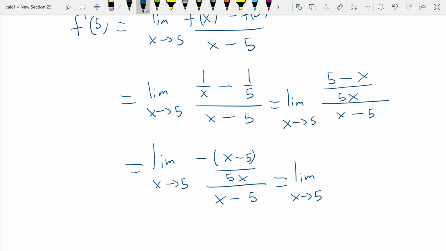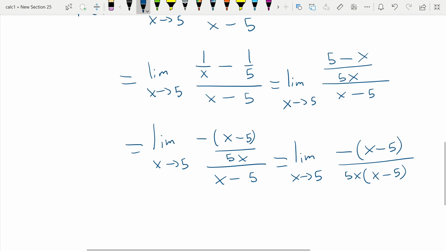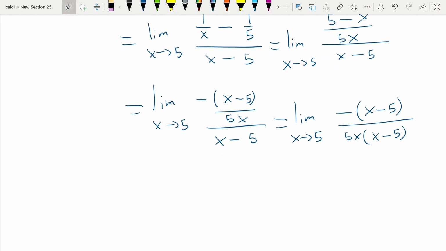If we remember how to deal with fractions, this can be written as minus x minus 5 divided by 5x times x minus 5, and then we can cancel the x minus 5s, which gives us minus the limit as x approaches 5 of 1 over 5x.